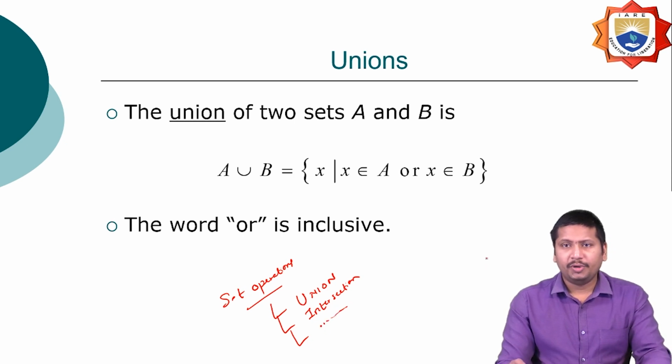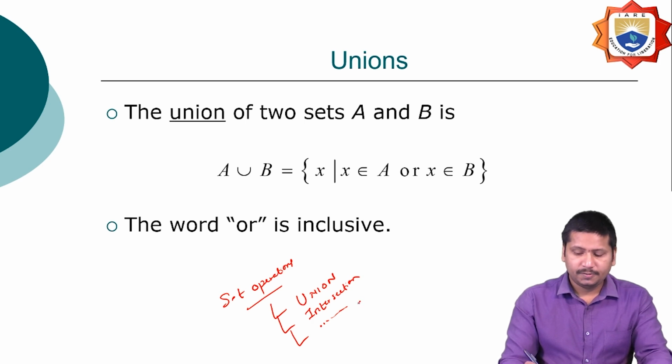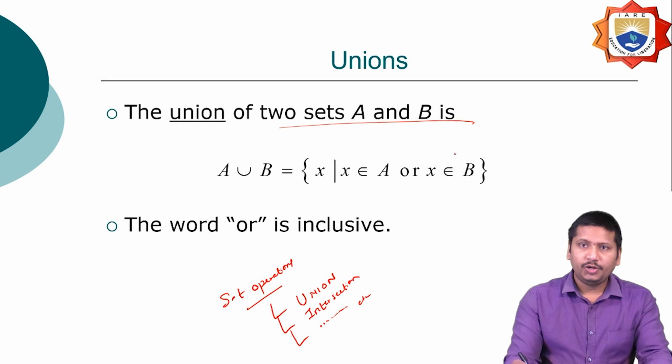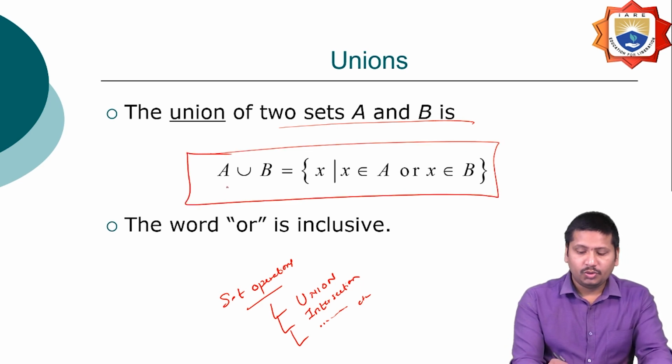These are some of the operations we can perform on sets. So what is the union of two sets? How can you write the union of two sets in set builder form? A union B is the set of X such that X belongs to A or X belongs to B.